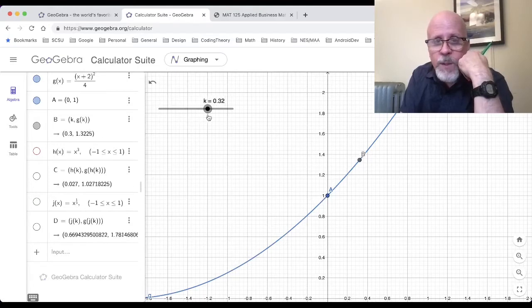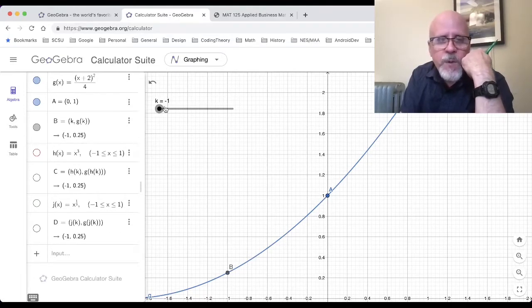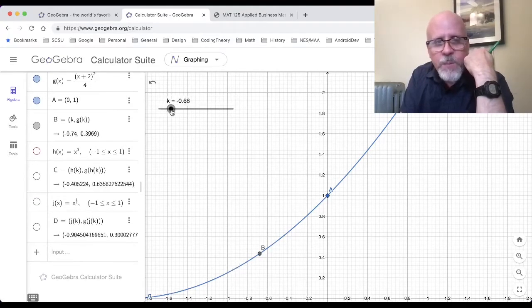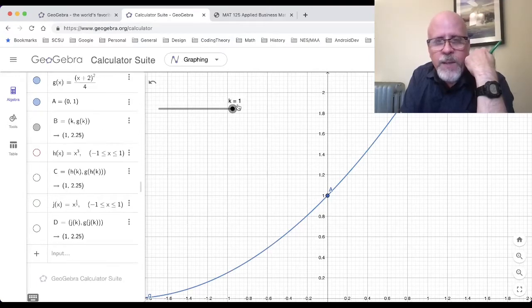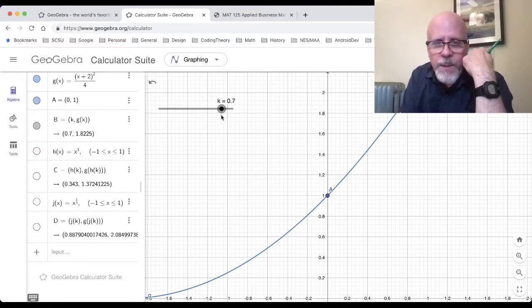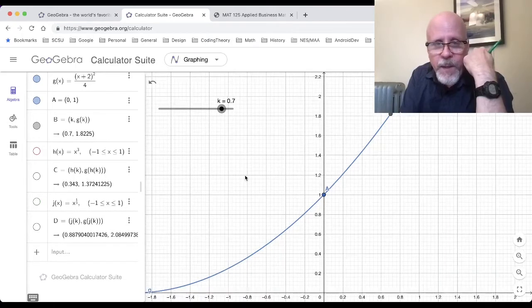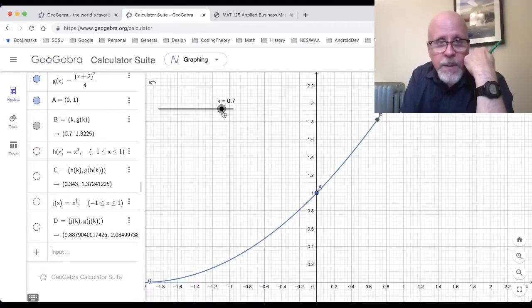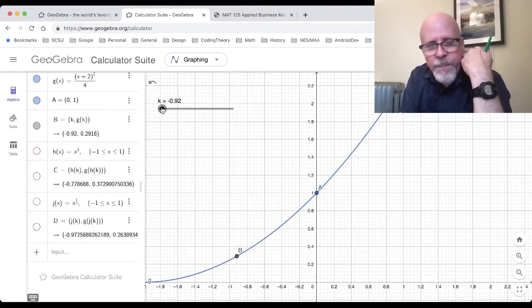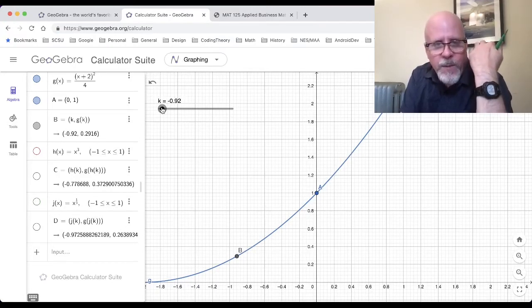If I move this value K up in a smooth, uniform way, B passes right through there, and that's what you would more or less expect, right? But I could pass my point B through there in lots of different ways.